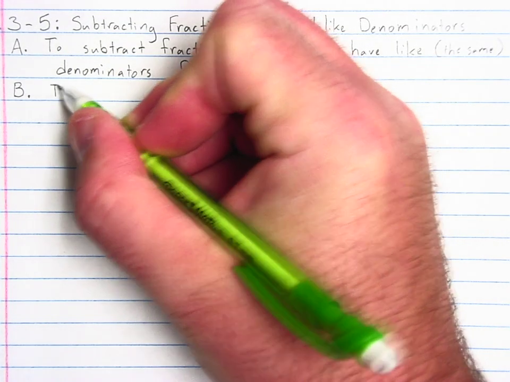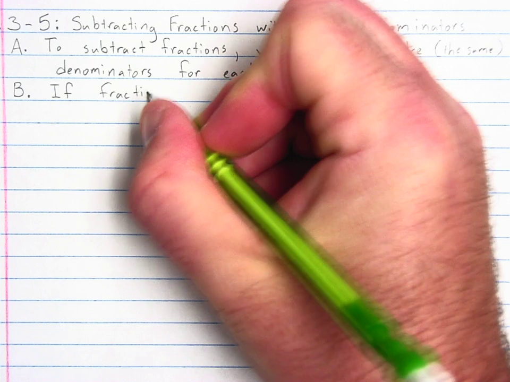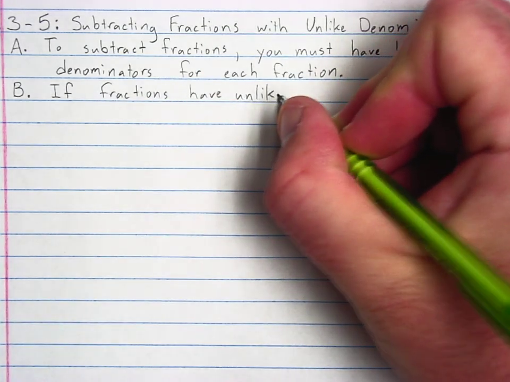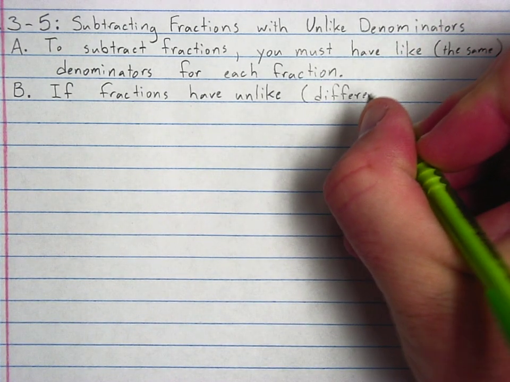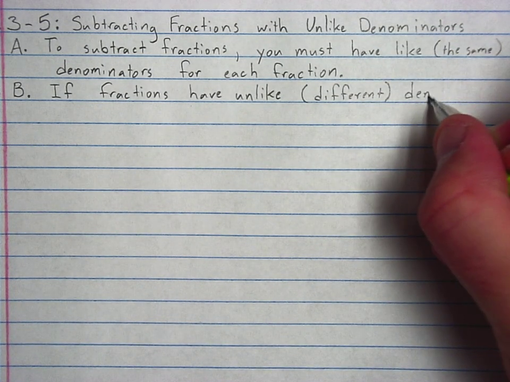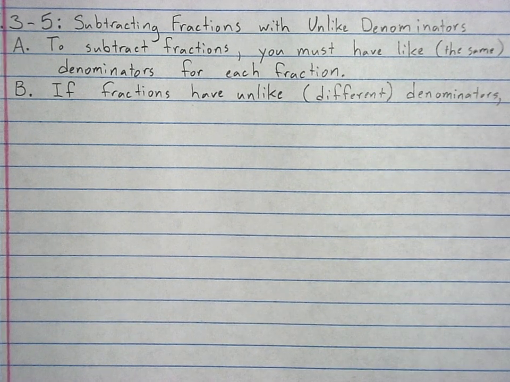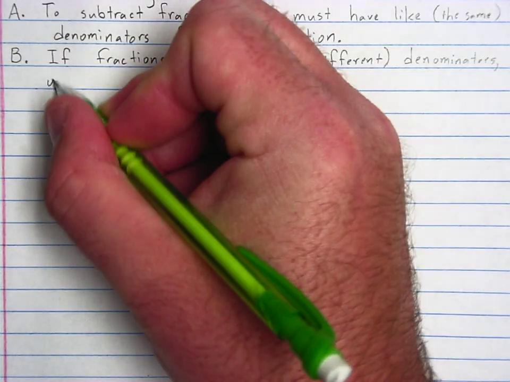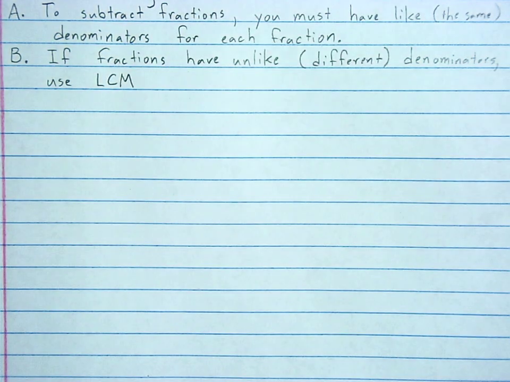So, if fractions have unlike, or different, again, that's just the fancy math way of saying different, denominators, use LCM, least common multiple.